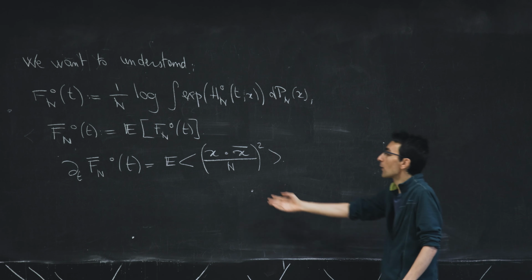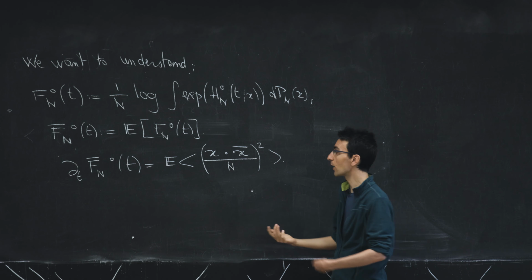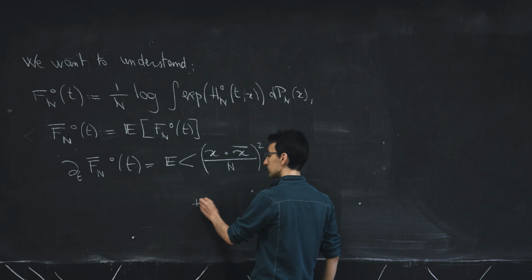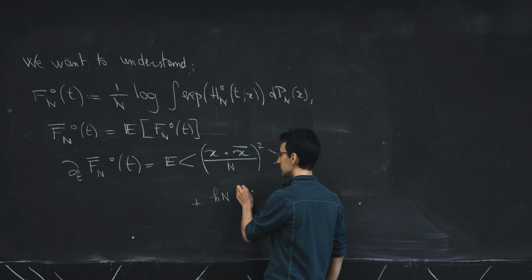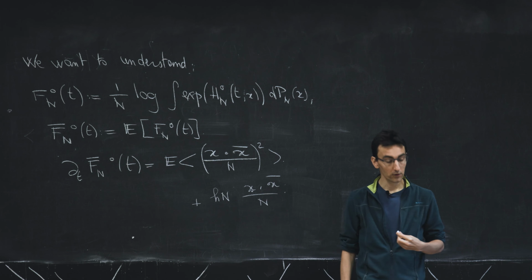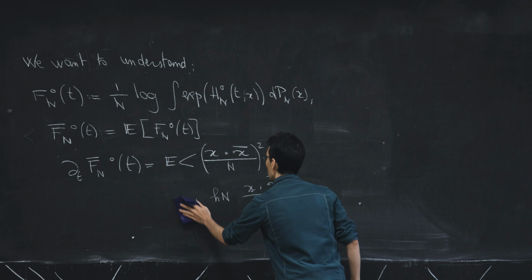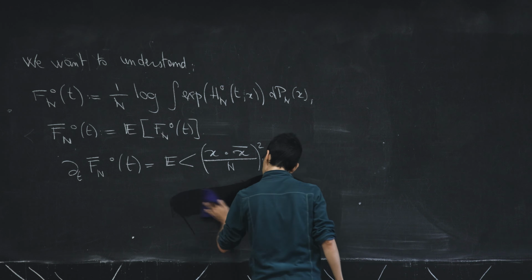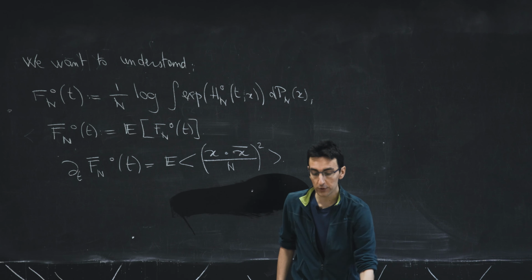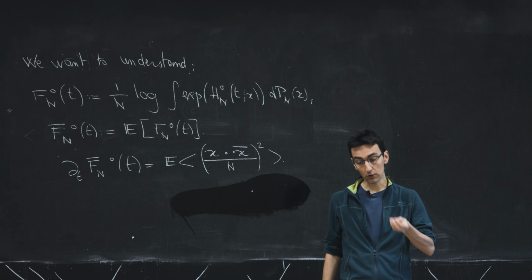So perhaps, if I want that when I differentiate in h I get x dot x bar over n, what I could do is just take my current energy function and add, maybe, h n times x dot x bar over n. But there is a disadvantage to doing this, which is that I try to promote this property that I call the Nishimori property, which really comes from the fact that we are solving an inference problem.